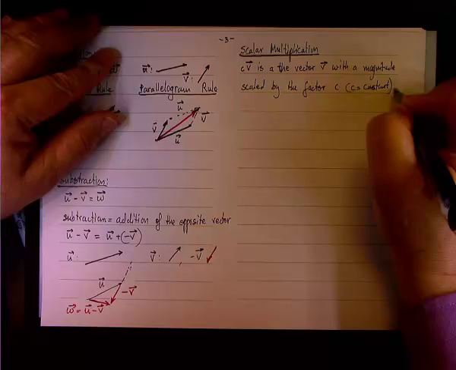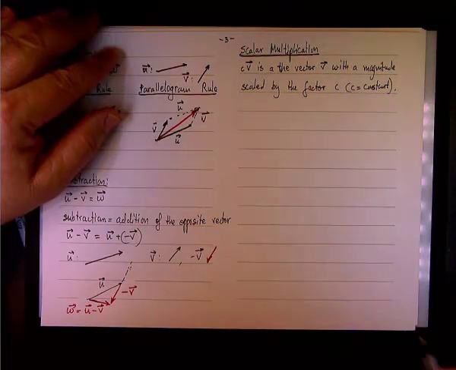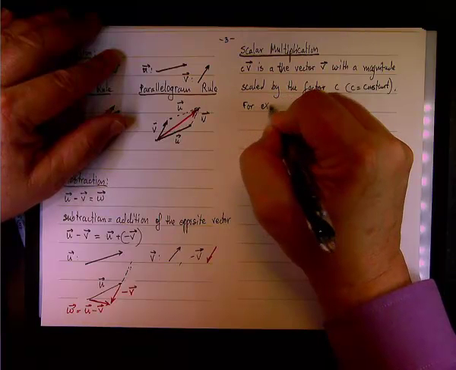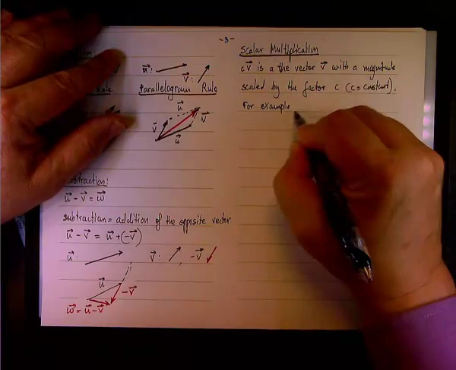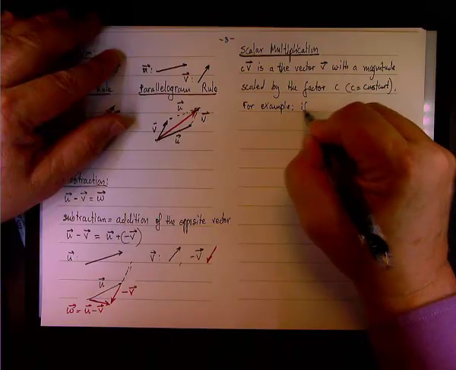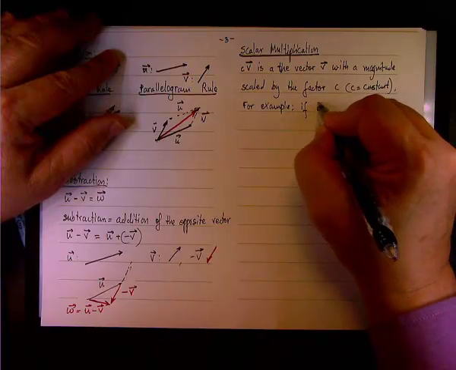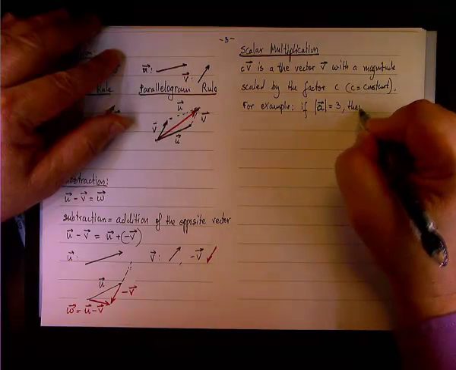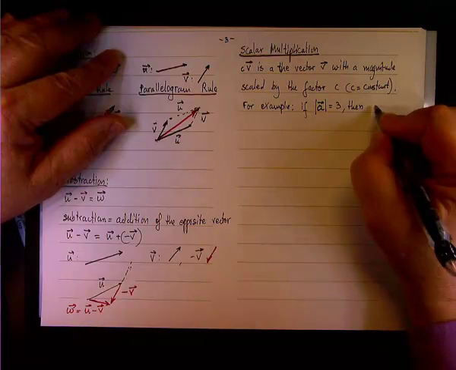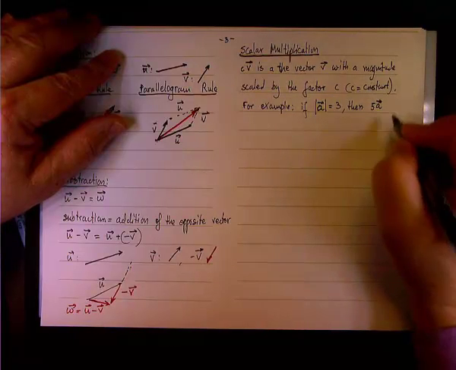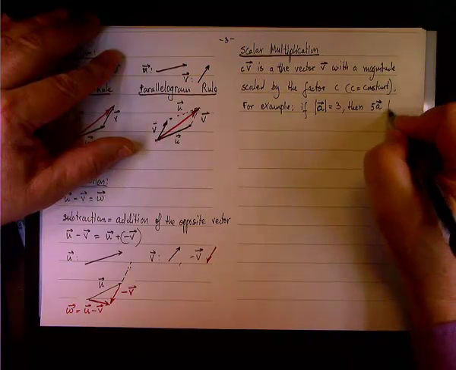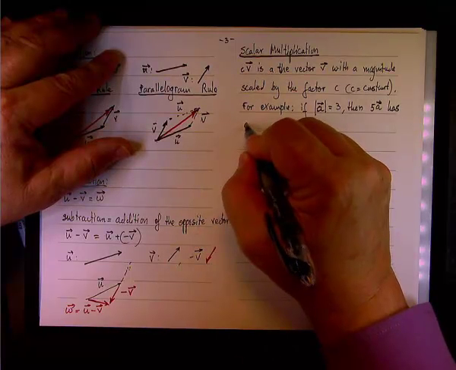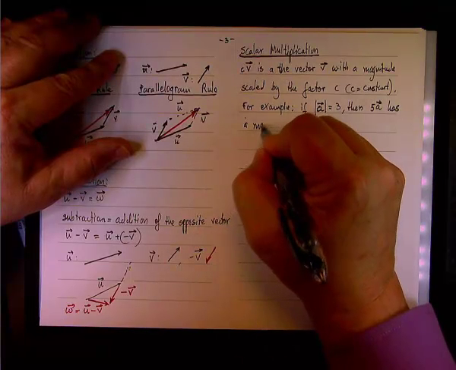C equals a constant. So, for example, if the magnitude of vector A is 3, then the vector 5A has a magnitude of 15.